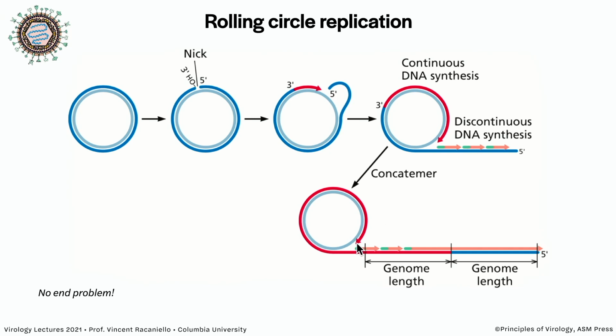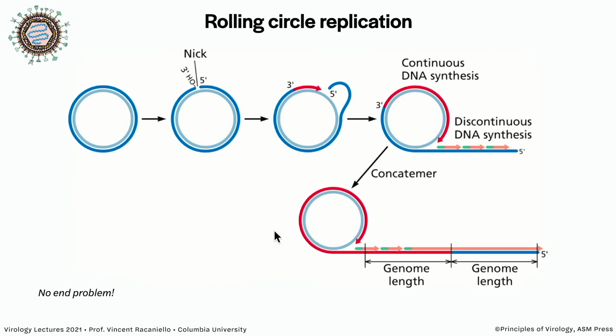Eventually, this keeps going, and you make many genome lengths, and they get cut as they're packaged into the particle, as we will see later. But here are 2 genome lengths, and there's no end problem because you can remove an RNA primer and just fill it in from the previous DNA. You can keep doing that.